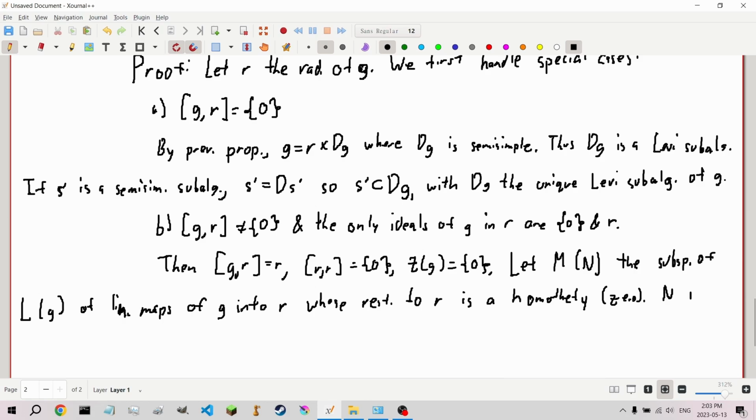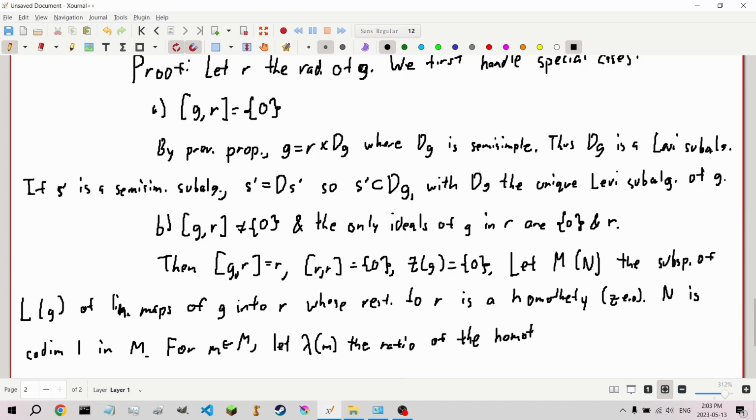We see N is of codimension 1 in M. For little m in big M, let theta m be the ratio of the homothety of R by m.